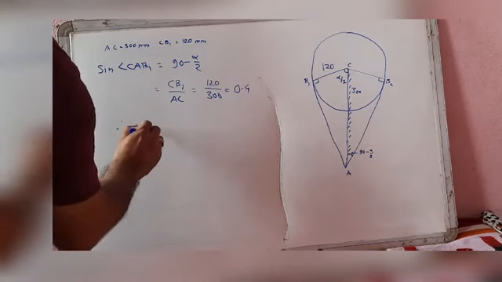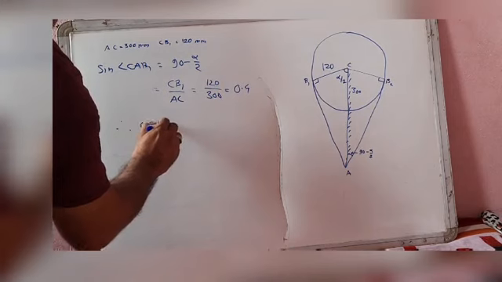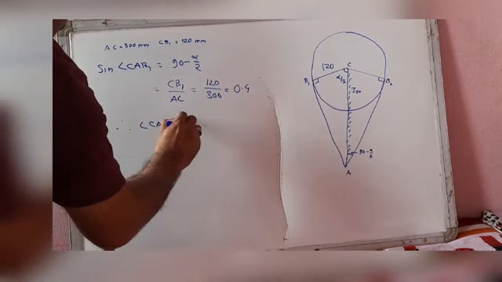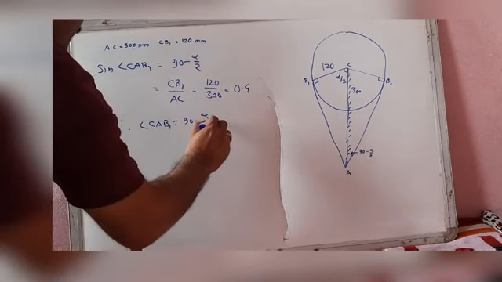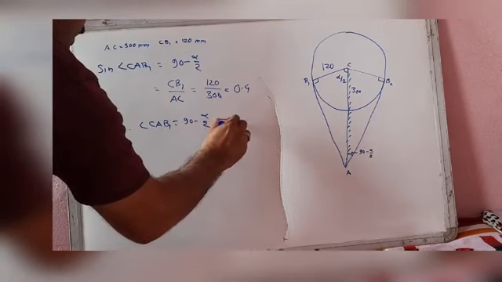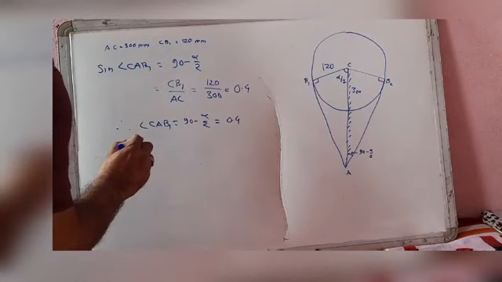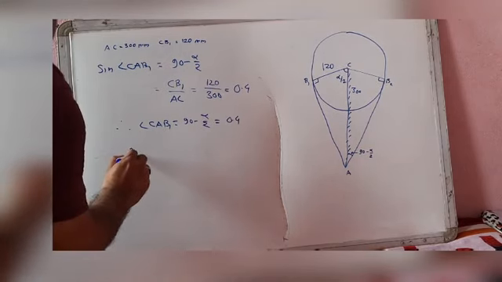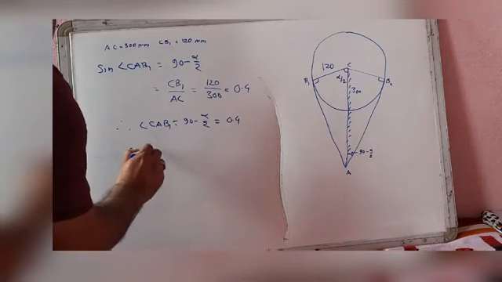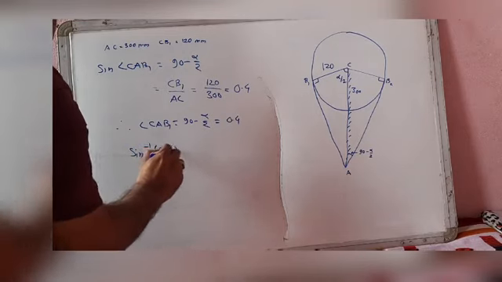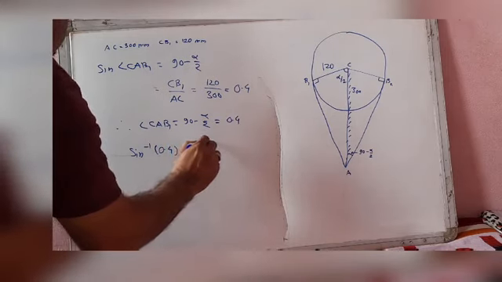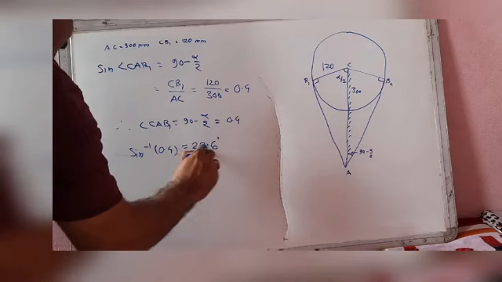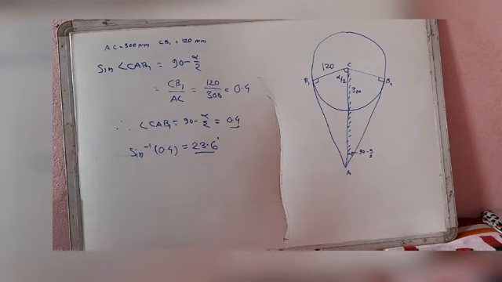So angle CAB1, which is 90 minus alpha by 2, equals 0.4, or sine inverse 0.4, which equals 23.6 degrees.